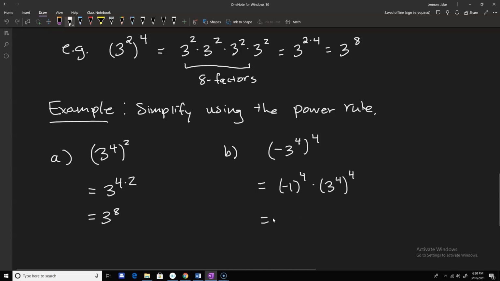So if you take -1 and you raise it to any even power, that's always going to come out to +1. So this -1 to the 4th power just vanishes because you're just multiplying by 1. So we really just end up, in this case, with 3 to the 4 times 4 from the power rule, and that just comes out to 3 to the 16th. Again, I'm just going to leave it as is. No reason to put that in the calculator.